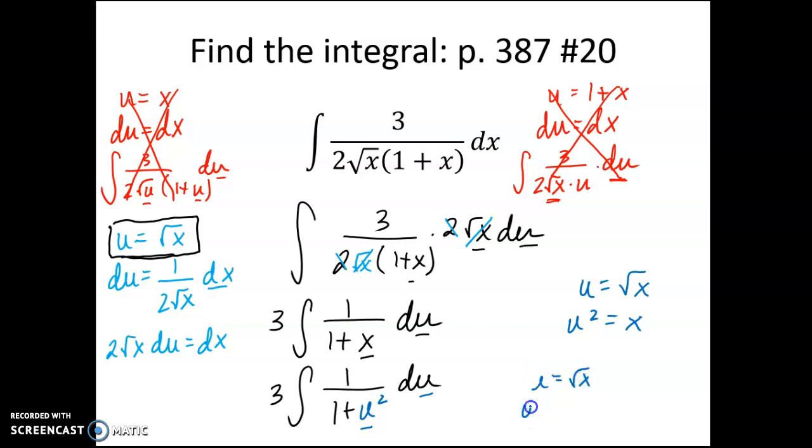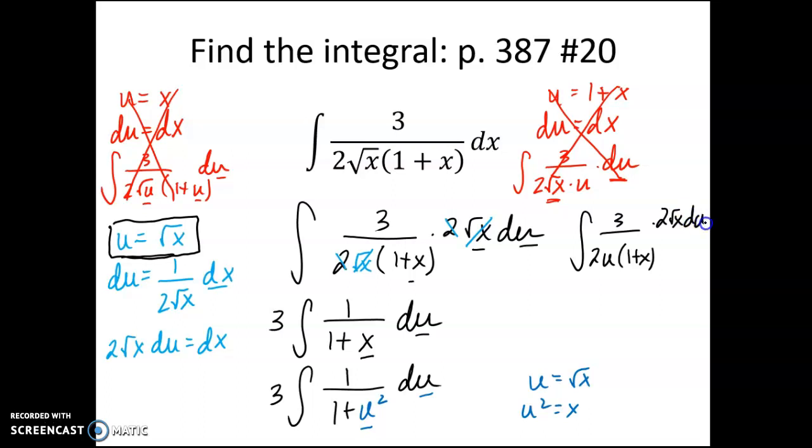Now before I do that, because I'm just thinking of a question you might have, back at this step here. If I were to look at this step again, 3 all over 2u 1 plus x times 2 root x du. I used that relationship and I replaced u to be the square root of x.